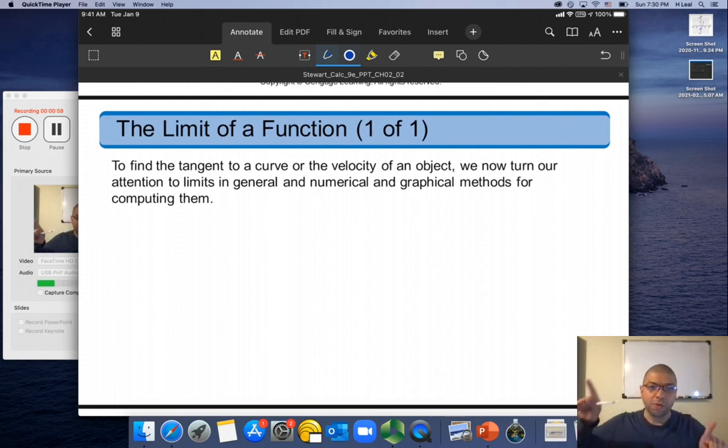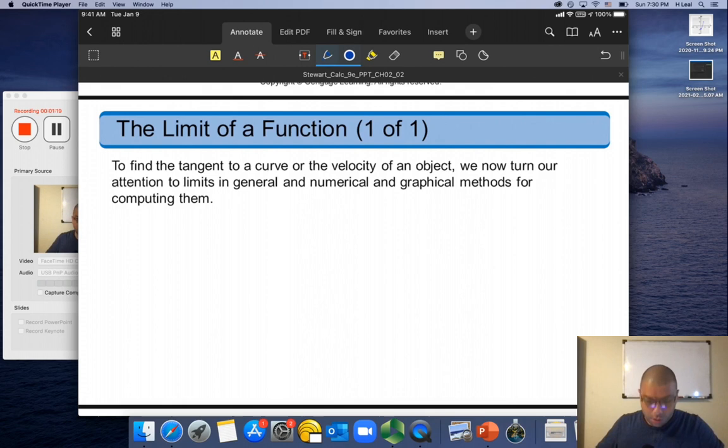And for that, we're going to use limits. That way, the secant line, which is the line that goes through these 2 points, gets closer and closer to the tangent line, which is the line that just goes through P and not Q. You can go ahead and rewatch the previous video if you need to.